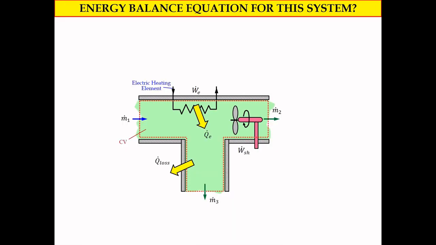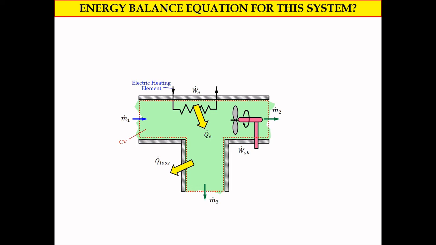Okay, now by referring to the schematic diagram, this schematic diagram has some modification compared to the previous example. So I want you to write down the specific energy balance equation for this system, where if you look at the system, we have one inlet and two outlets.